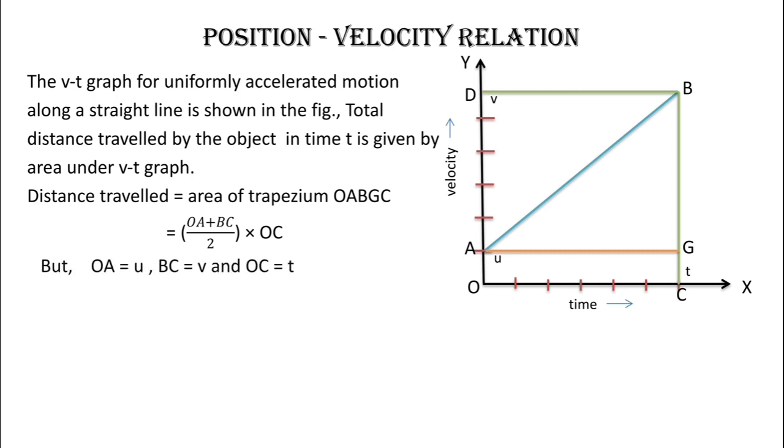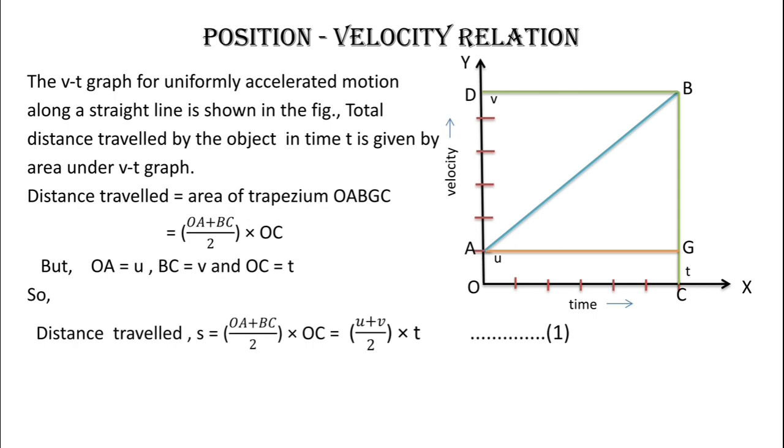Again we know the magnitude of OA is equal to u and BC is equal to v, and OC is given as t. So by putting all these values in this equation, we have distance travelled is equal to (u plus v) upon 2 into t. This is our equation number 1.